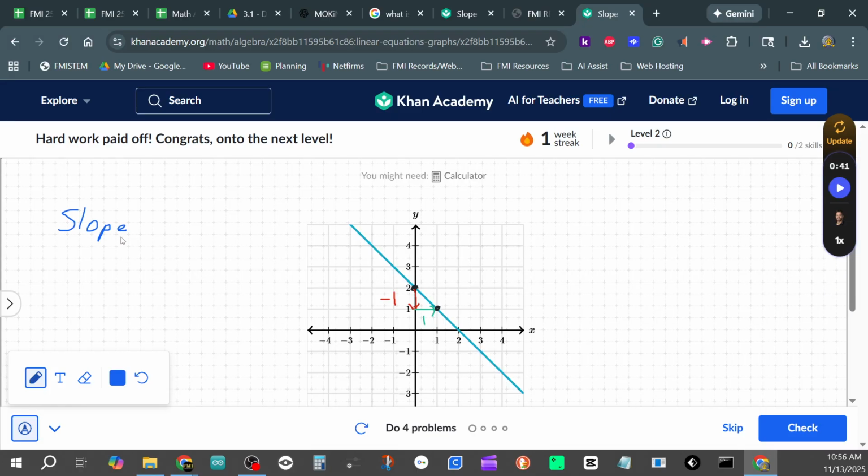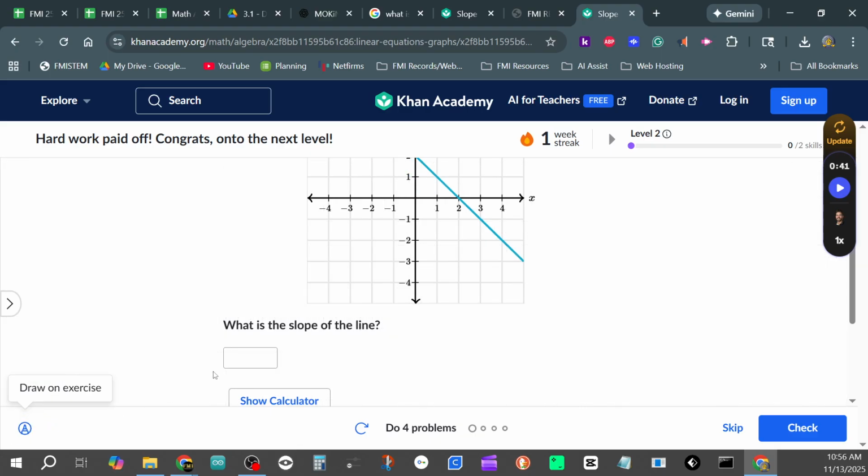The abbreviation for slope is also the letter M, so I can use the letter M to go a lot faster. But this will be a -1, over 1. And -1 over 1 will simplify to just a -1. So I can put -1 in here for the slope. And that's it.